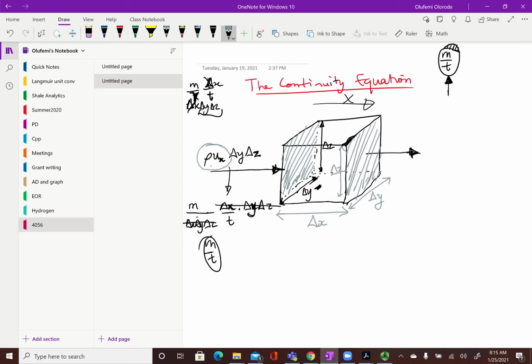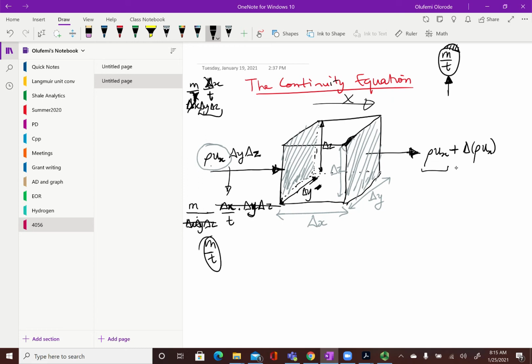So what's the flux out of the cell going to be? Whatever went in plus the change in that flux that went in. So the delta of this flux. So this is what you're going to get on the outside.